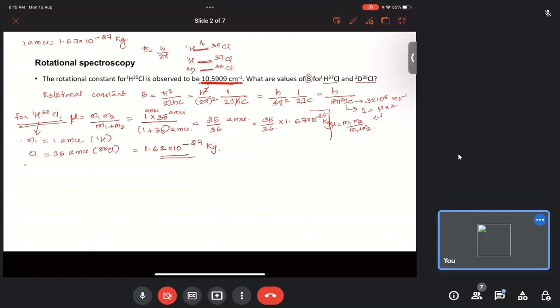And we have to calculate what the I is. Oh no, we don't know what the R value is, so we are supposed to calculate the R value.